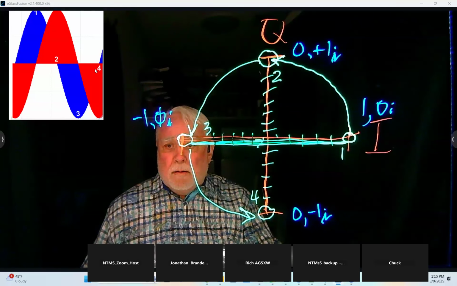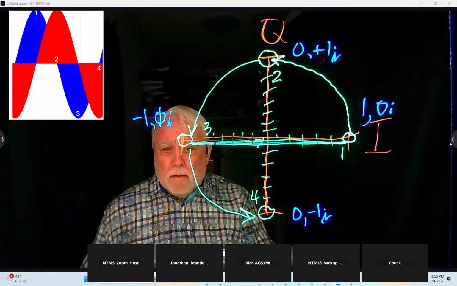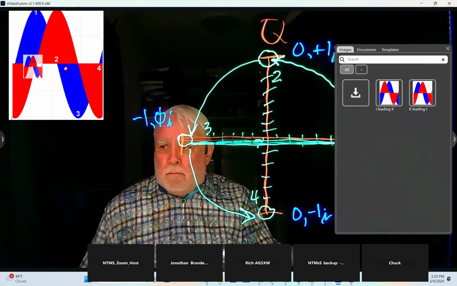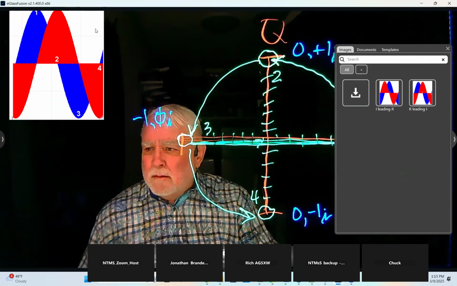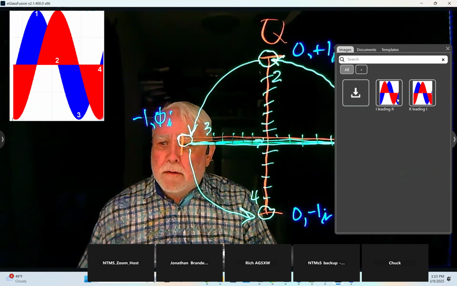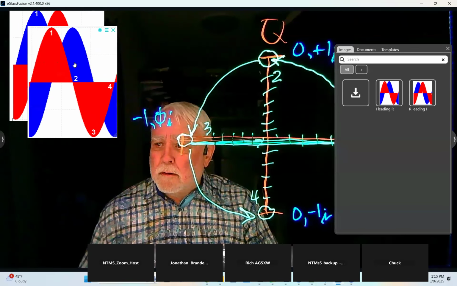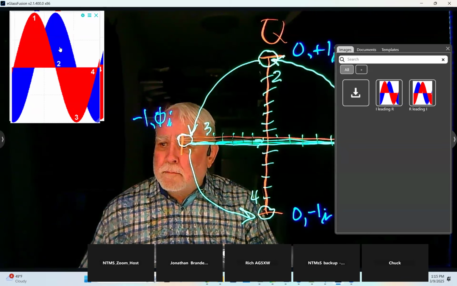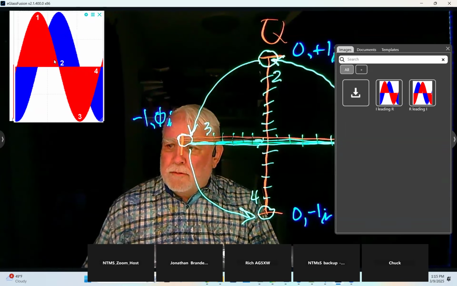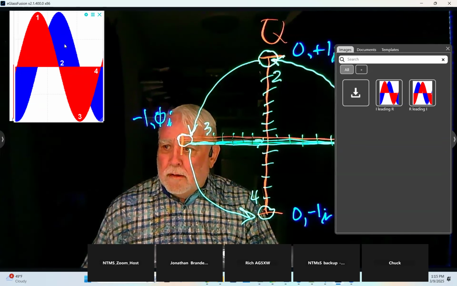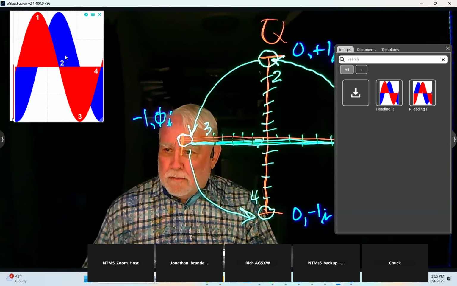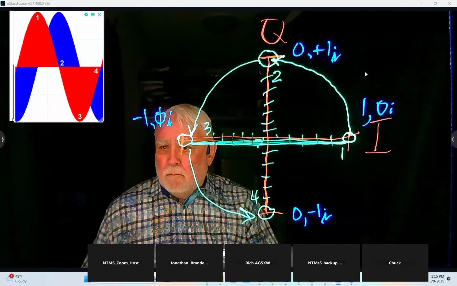Now, if we bring in the other picture that I made, I guess that one's going to need to be clicked and gotten rid of. Maybe I can set this one here. Okay. How about that? So this is just the opposite case where imaginary is leading real. And so I kept these colors here like this from the stem plot, and you would just find that it's starting up here.